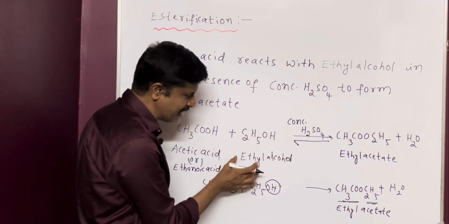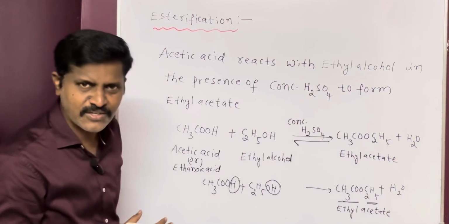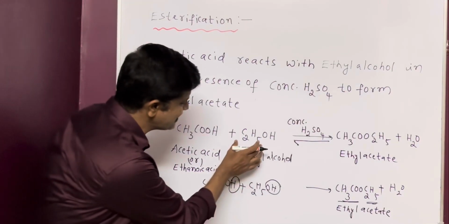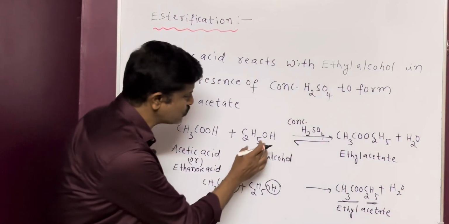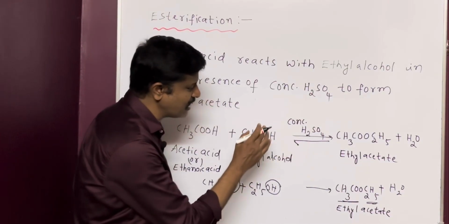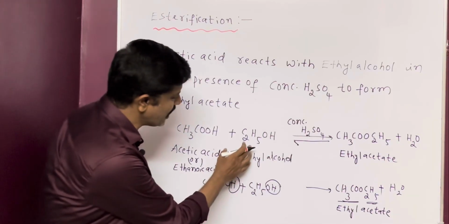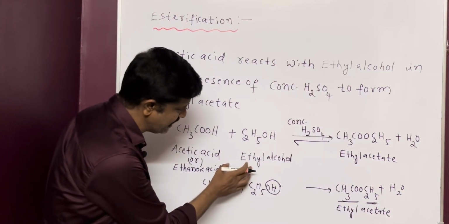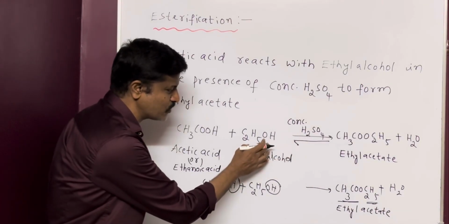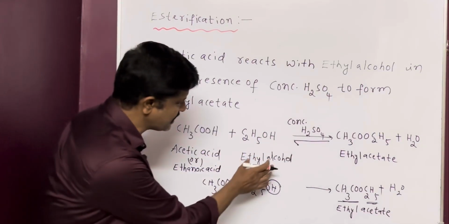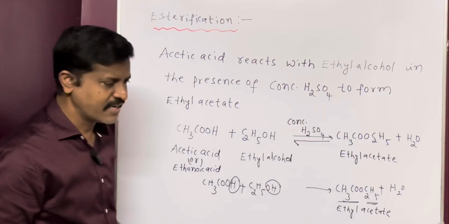Next, two carbons are present, now this is called ethyl. And OH group is present, now this is called alcohol. Clear?